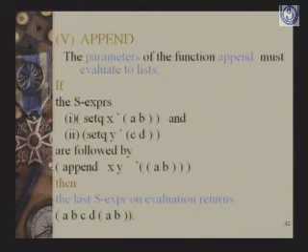Now the pair of parentheses bounding these two lists are removed. So the pair of parentheses around the list AB are removed and we get the elements A and B. Similarly, the pair of parentheses bounding the list CD are removed and we get the two elements C and D.